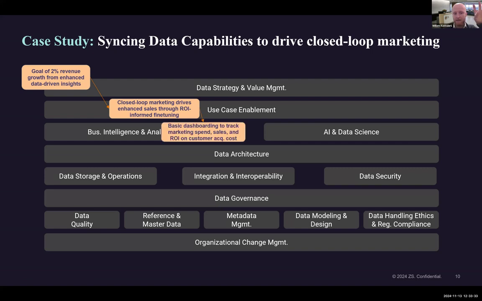So at the business intelligence and analytics level, what you need is some basic dashboarding for sure to track the different spends, the sales numbers, as well as the ROI numbers, right? It's just visualization, but that's what you'd need at a BI level. But that just gives you the visualizations.